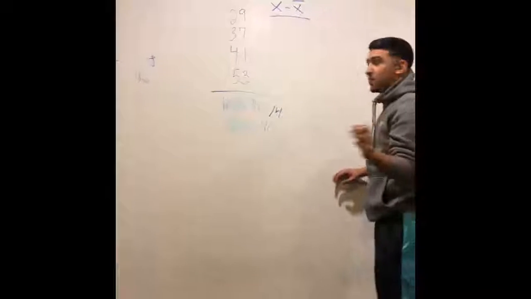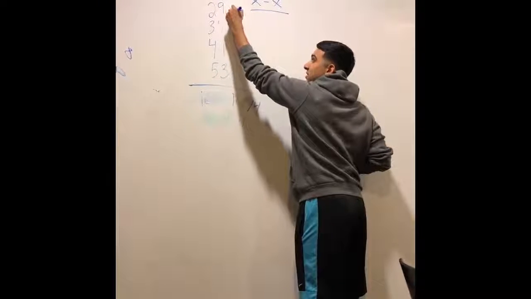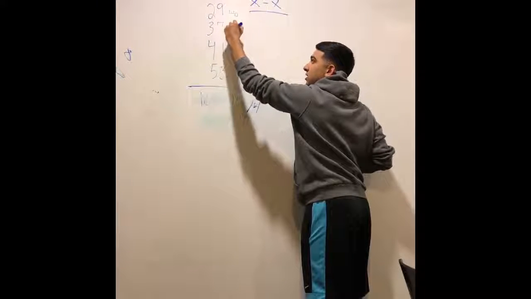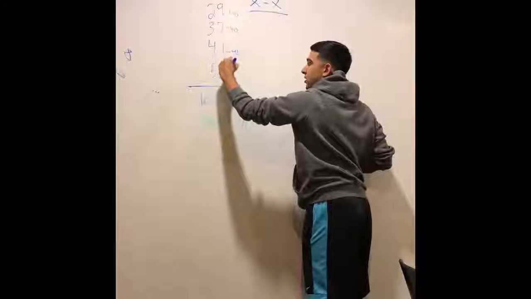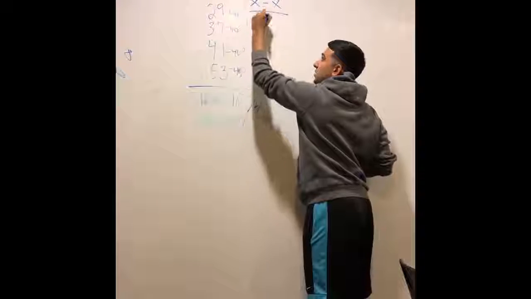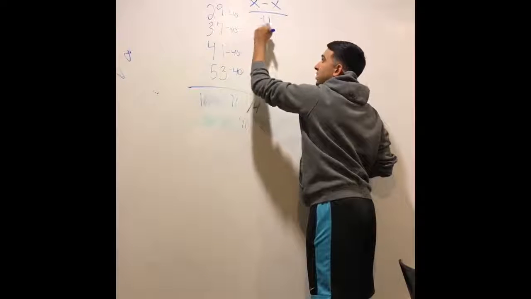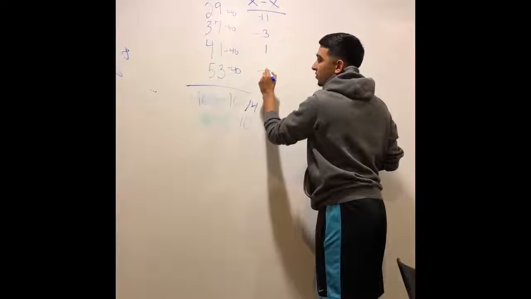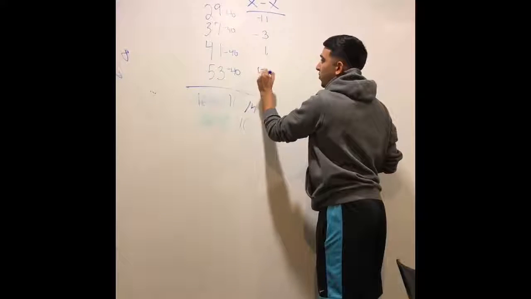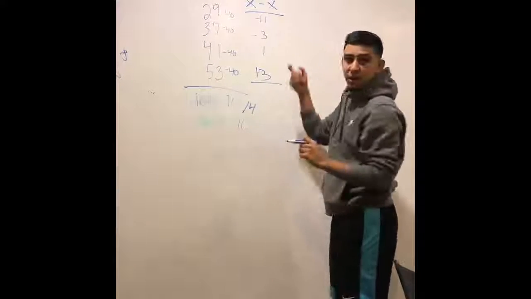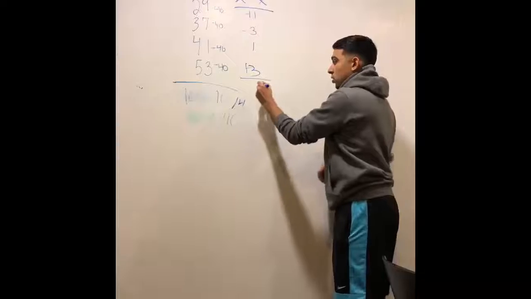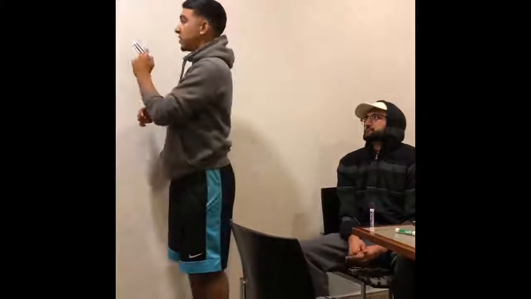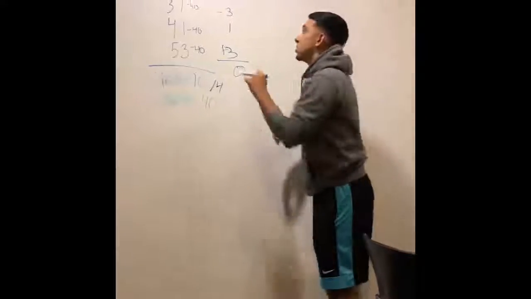That's the second step. Minus everything by 40. That equals negative 11, negative 3, 1, and positive 13. You add this up, you get 0. Perfect. You always want this step to equal 0.